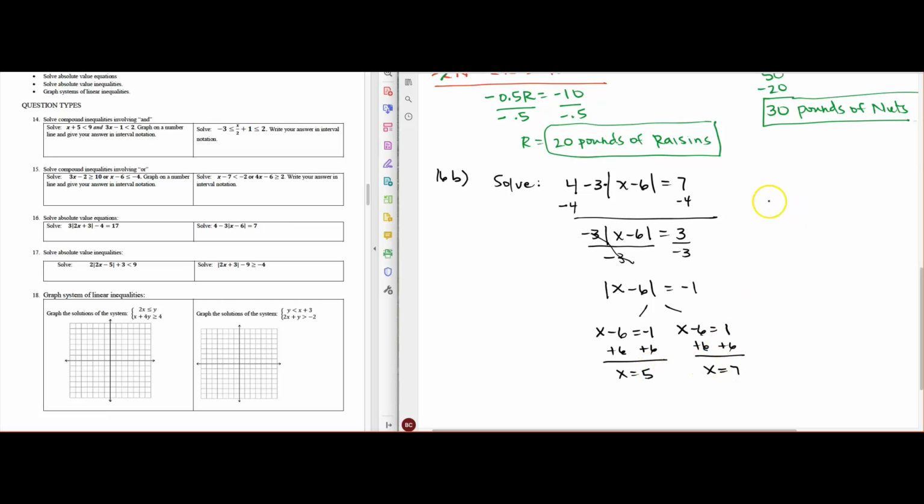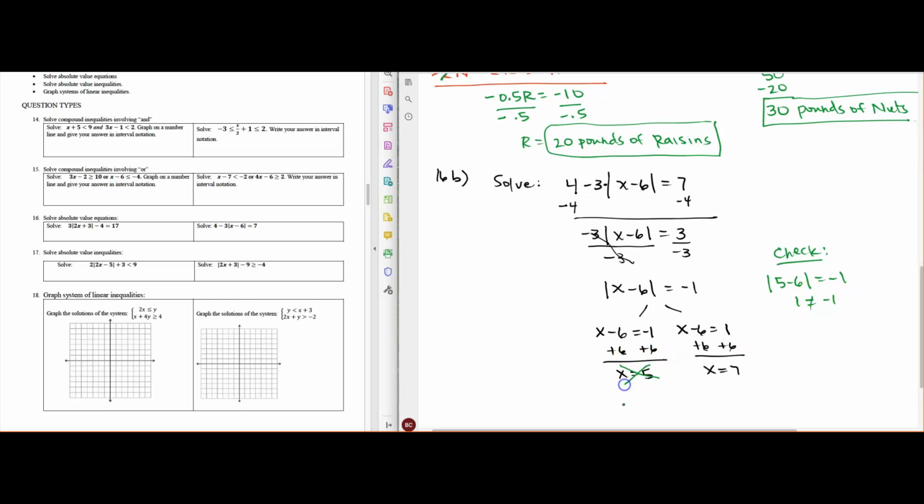However, if I go and I try and check these, let's see what happens here. So here, if I put 5 into this, I get the absolute value of 5 minus 6. And so I get negative 1, the absolute value of negative 1 is 1, so we're saying 1 equals negative 1, which is not true, right?